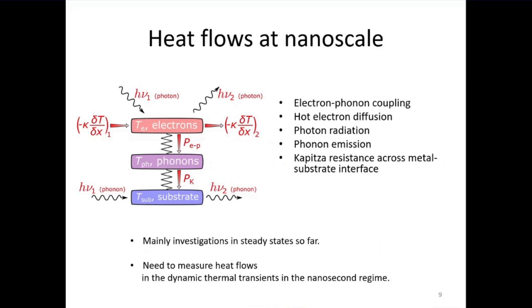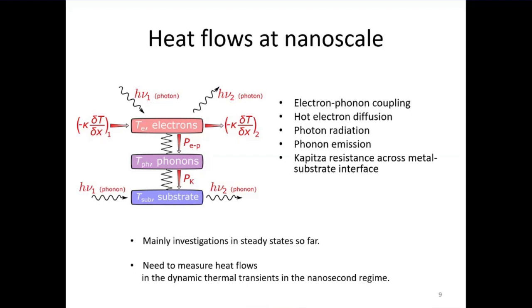So this method is very well suited for investigating various heat flows at the nanoscale, so we can measure the fundamental thermal processes of electron-phonon coupling. This is when you have hot electrons at low temperatures, which exhibit their own temperature, which may in general be very different from the lattice temperature.